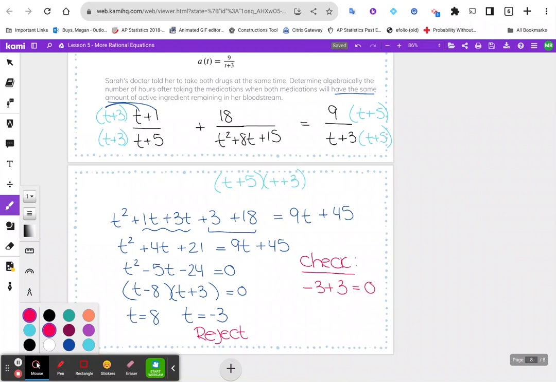That's no good. So that's why this one's out. I could double check the 8. The 8 will work because if I plug it into either, 8 plus 5, 13 is fine. 8 plus 3, 11. Both not 0, both just fine. 8 hours is when those two things will equal each other.